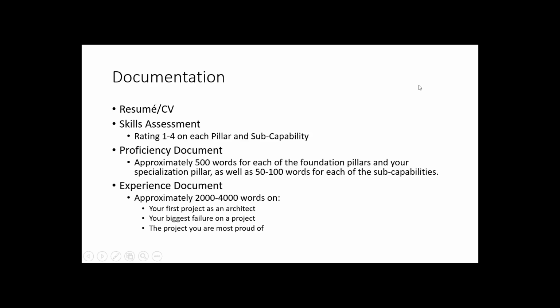So you need to do an assessment for each pillar and sub-pillar. The pillars are what I mentioned earlier, the core part: design, BTS, IT environment, human dynamics. Now under each of those pillars, there are at least 6 or 7 sub-pillars. You need to rate yourself and explain why you have rated like that.